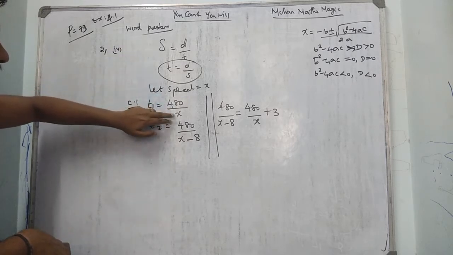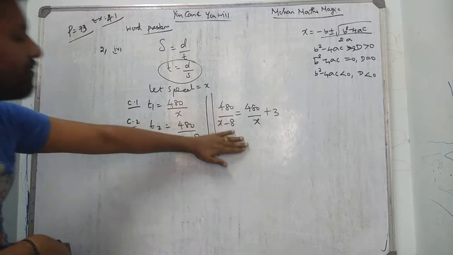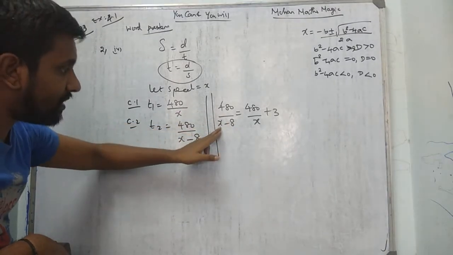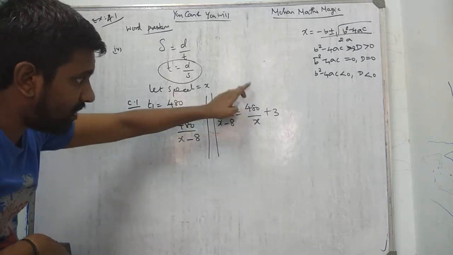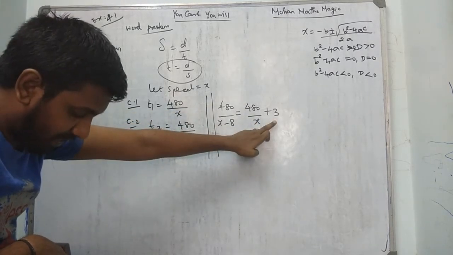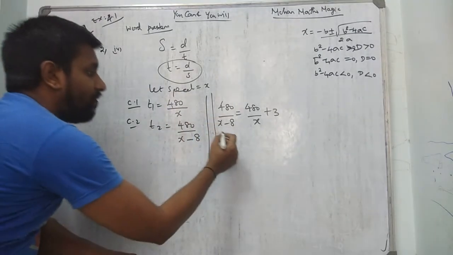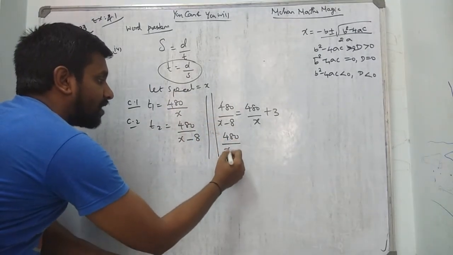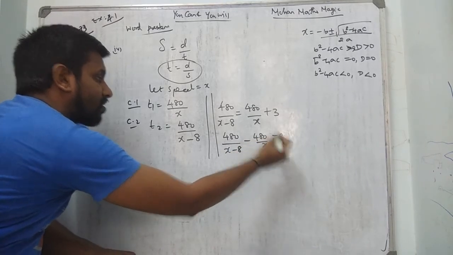In the second case, same distance, but speed is reduced by 8. Now the concept: if a train's speed reduces by 8 km, it takes 3 hours more than the original normal time, as given in the question itself. Now arrange it properly: 480 upon x minus 8, take to the left side, 480 upon x equal to 3.